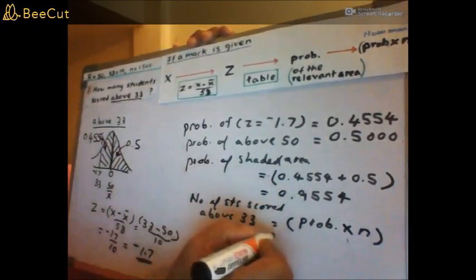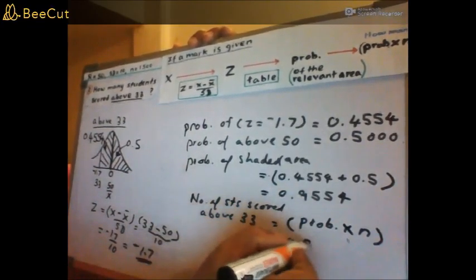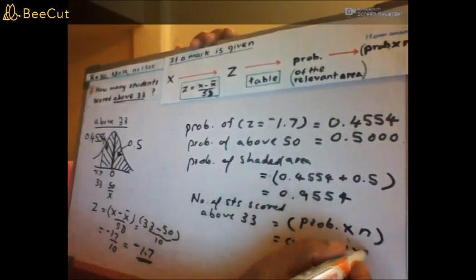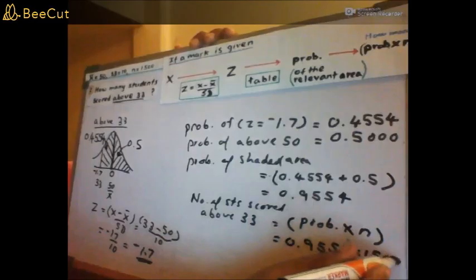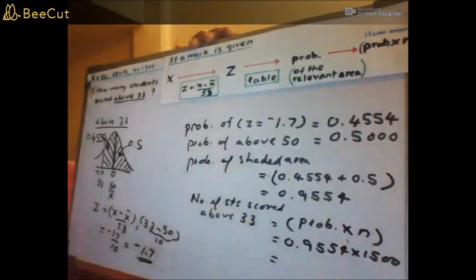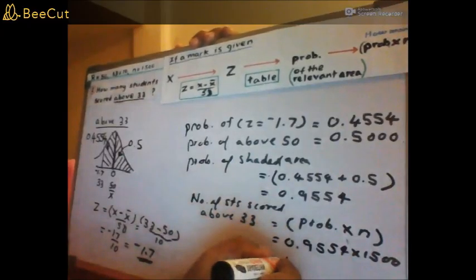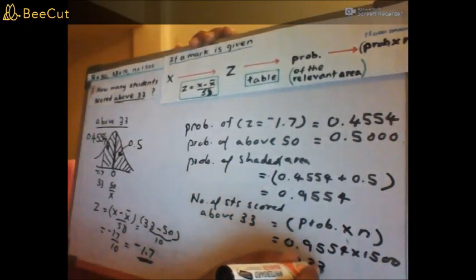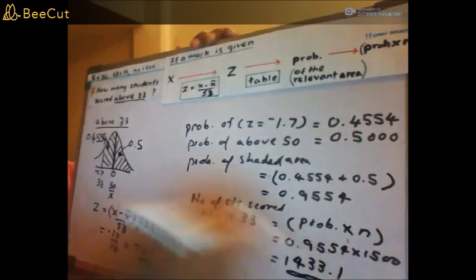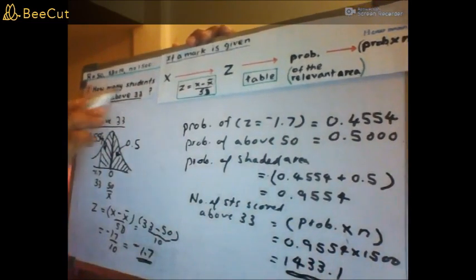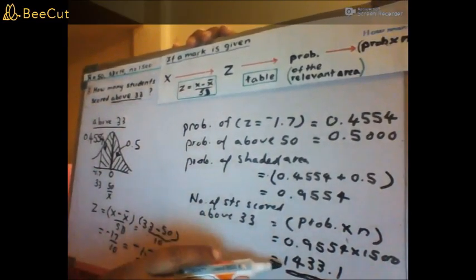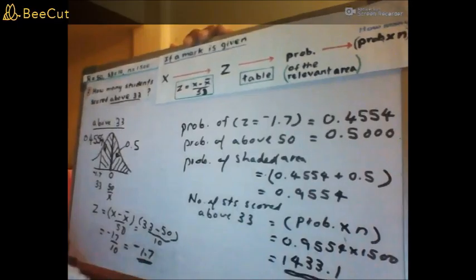All. Right? So 0.9554 multiplied by 1500. Here answer is 1433.1. So the number of students who scored above 33, the number is 1433.